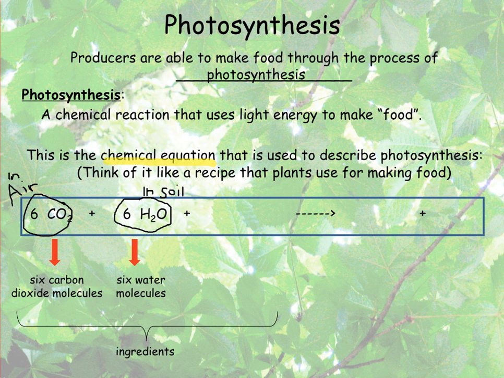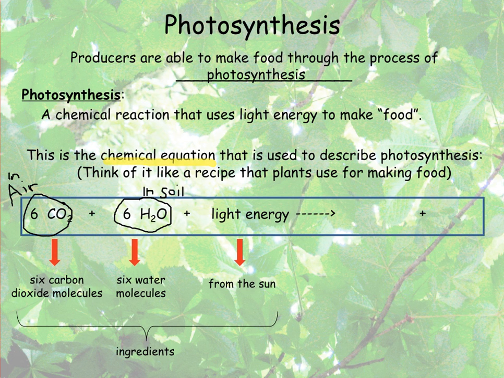In the same way, our plant needs to add some energy to these ingredients so that their atoms can rearrange and make new bonds, which is what is required to build the food molecule. The energy, as you know, is light, which the plant gets from the sun.